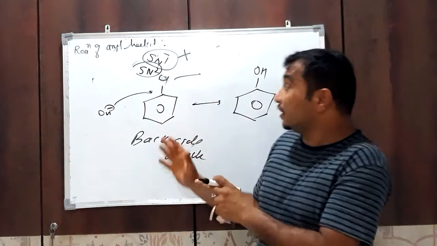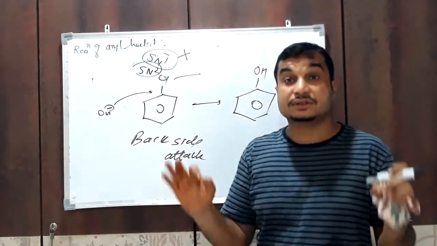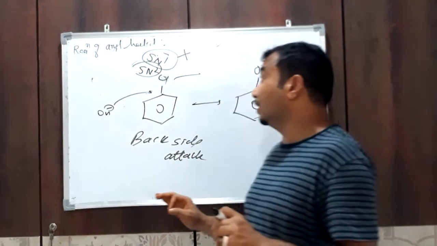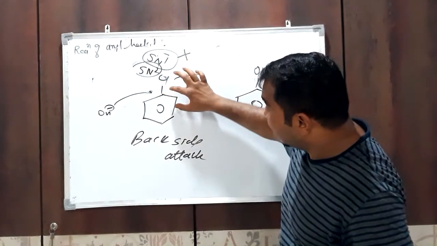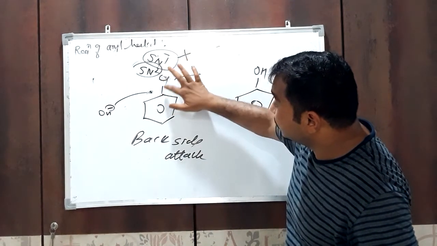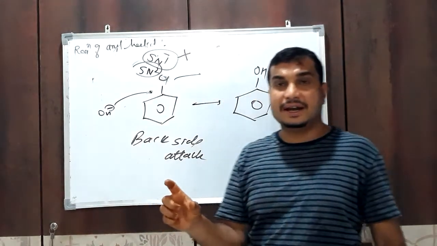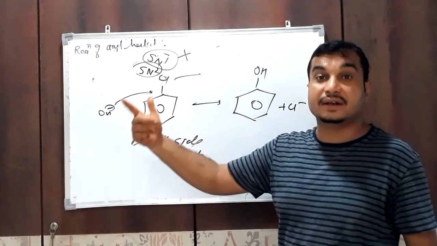But in case of aryl halide, nucleophilic substitution reaction is not possible under normal condition, because one very important thing is that the C-Cl bond in chlorobenzene or aryl halide is very strong as compared to the C-Cl bond in alkyl halide.